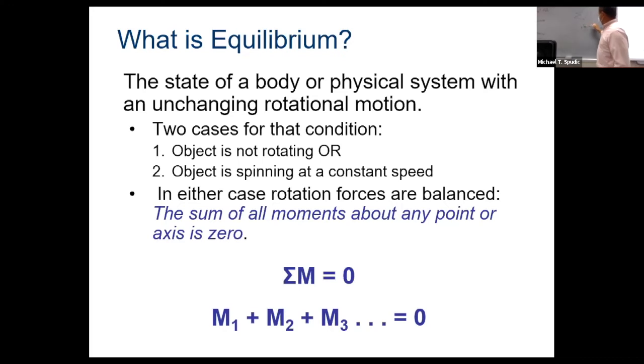At A, you have a moment because this part of the bridge is going to be pushing down. So you basically have a rotation here. That's going to be the moment A. Okay? The other side, the weight of the bridge is trying to push that part down. So you have going around B a pivot that way, which is going to be a moment B.